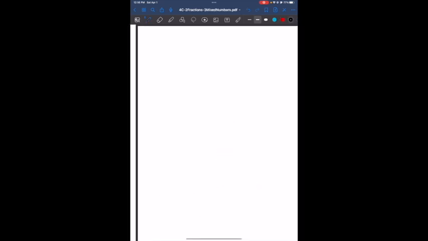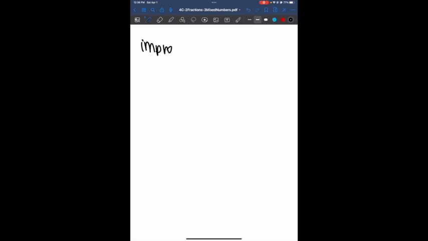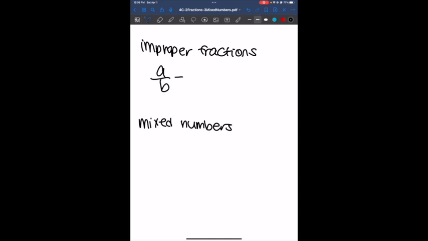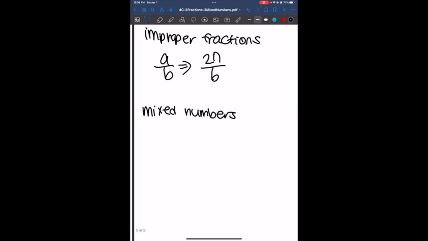And so before we go into mixed numbers, we want to talk about improper fractions and mixed numbers. Improper fractions are in the form of a over b, like 27 over 6. The numerator is usually bigger than the denominator for improper fractions.